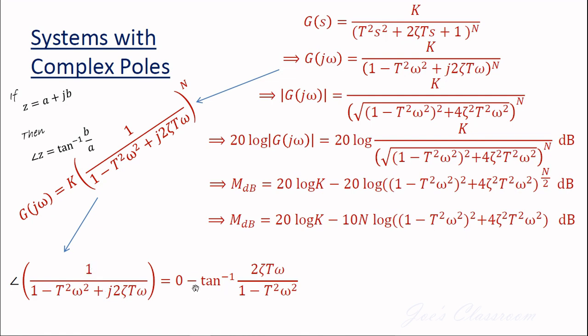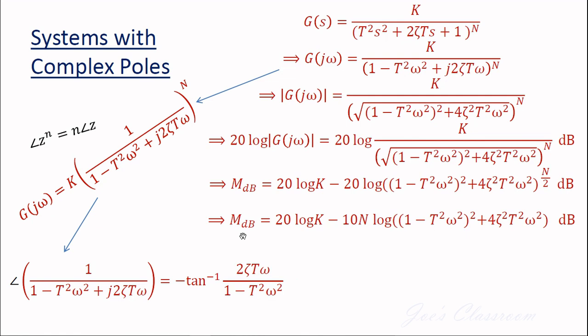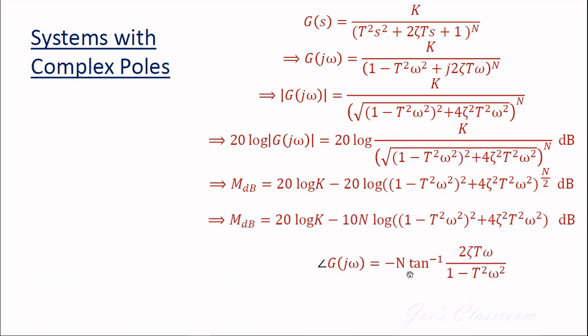Angle of 1 is 0, and angle of this complex number I can obtain by tan inverse of b by a. b is 2 zeta t omega, and a is this together, 1 minus t square omega square. So I got it as tan inverse of 2 zeta t omega divided by 1 minus t square omega square. Of course, to get the angle of this entire complex number, that is the whole power n, I have to multiply by n, and if I do that, I will get minus n times tan inverse of 2 zeta t omega divided by 1 minus t square omega square.